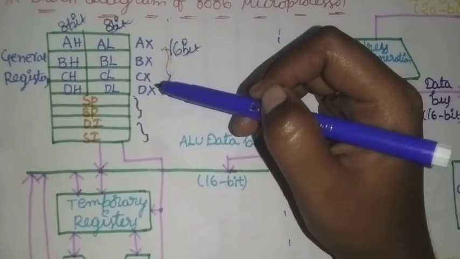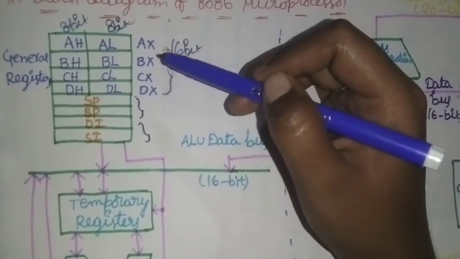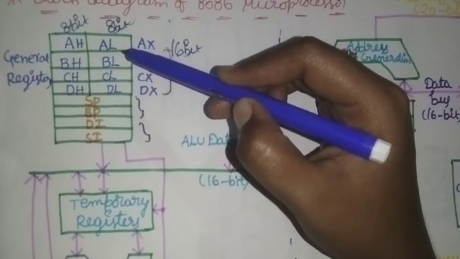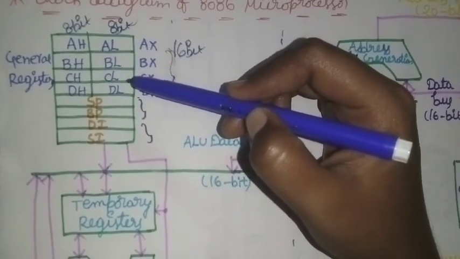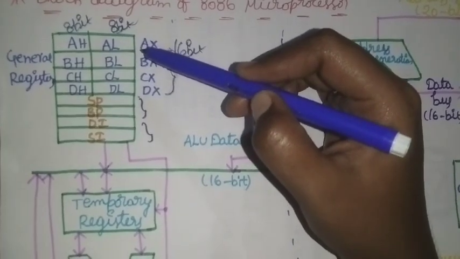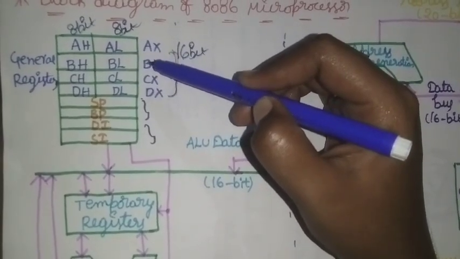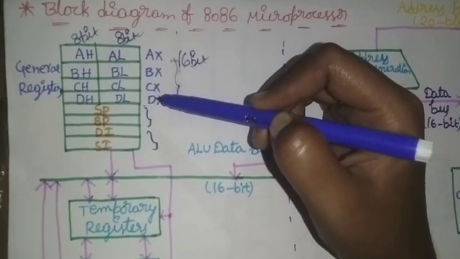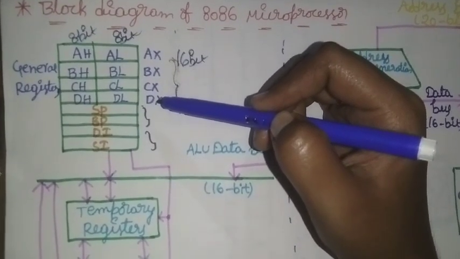AX, BX, CX, DX are 16-bit registers, each divided into 2 8-bit registers: AH, AL, BH, BL, CH, CL, DH, DL. AX is the accumulator register, BX is the base register, CX is the count register and DX is the data register.